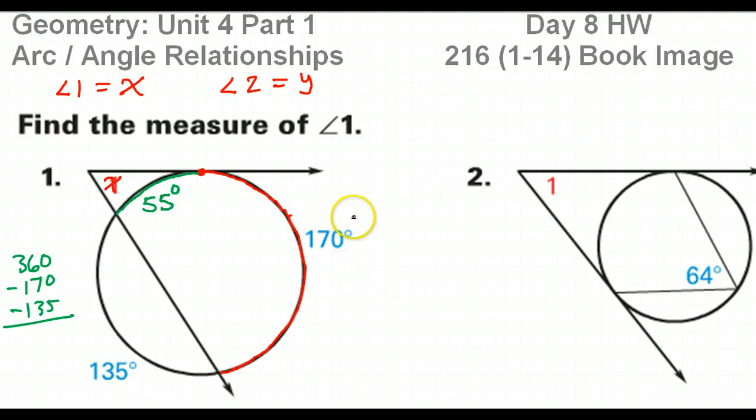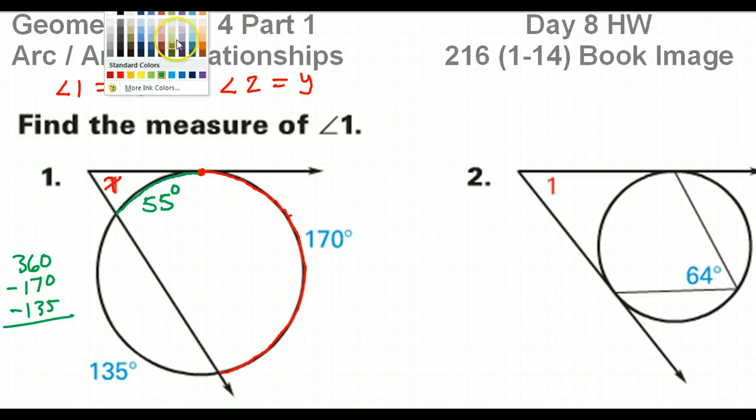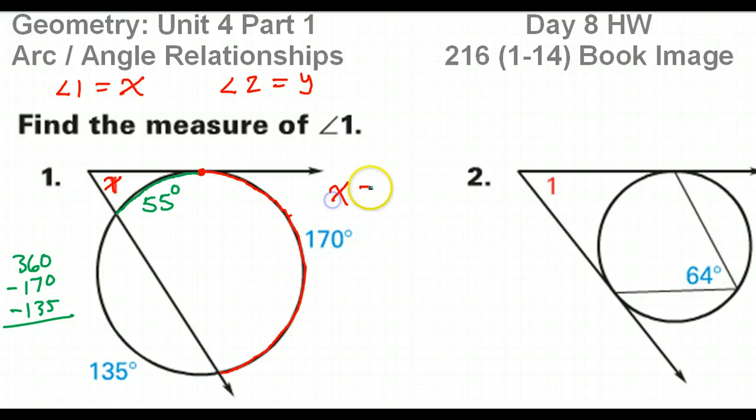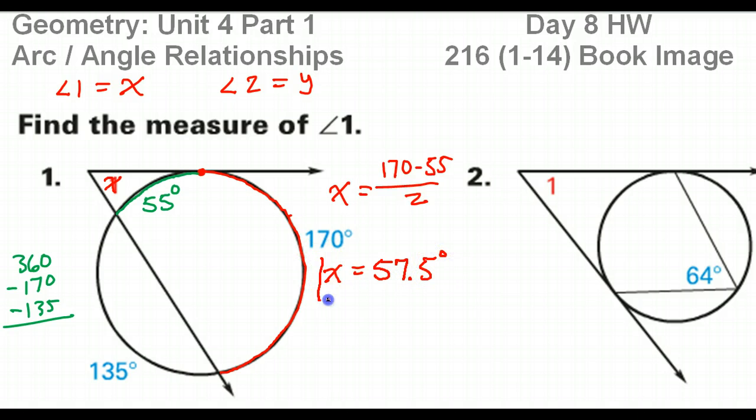So when I go to do the formula, I can just write, I'm going to go back to red, the angle is equal to the big arc minus the small arc divided by 2. Okay, so I can just put all that in my calculator, and I'm getting 57.5 degrees. Okay, that's number 1.